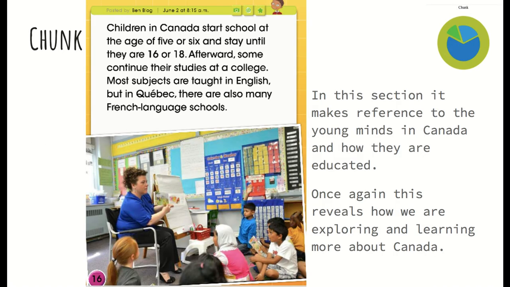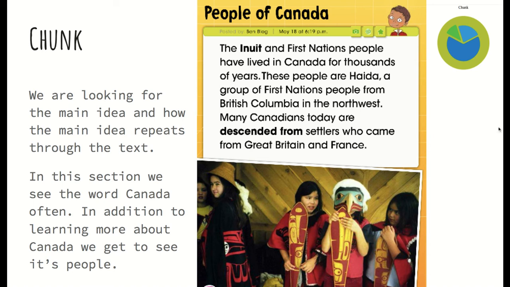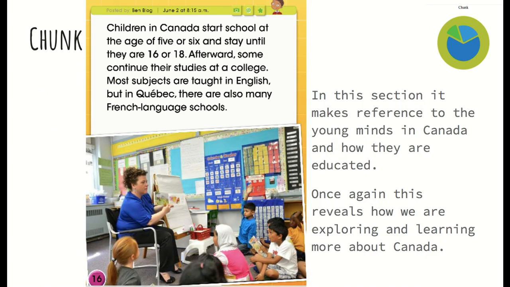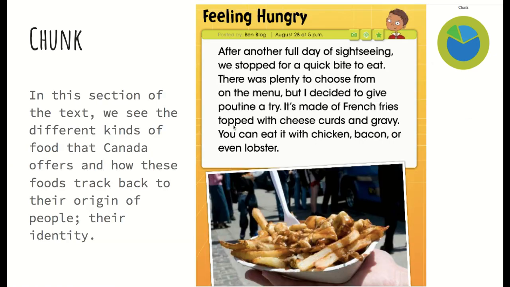So while I'm looking at this, right, hmm, Canada is used here, Canada is used here. Hmm, this word is Canadians, so we probably won't count that. But going back to this page, Canada is used here. Anywhere else?